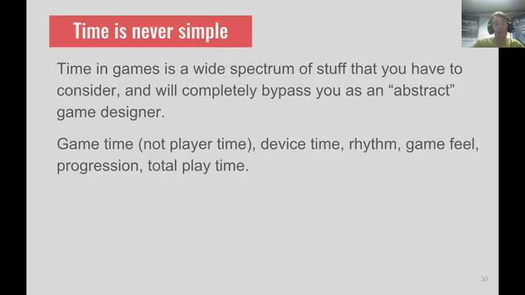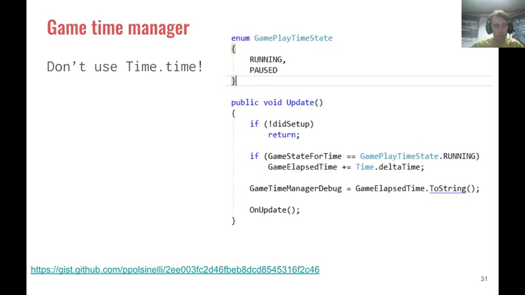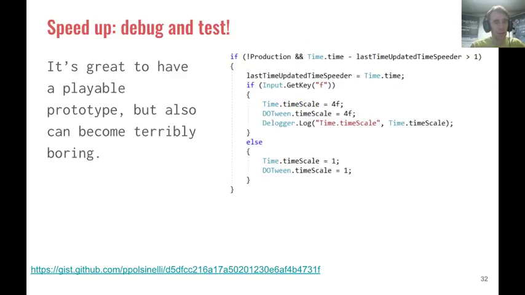Because of course, in games you have the pause button, which will not stop the player's perceived time and the Unity editor time, but you will have to somehow stop your game time. If you know this from the beginning, it's very simple, but if you don't, and you develop tons of code depending on that, it may be a big problem. Also, having control over time allows you to do little tricks like speeding up the whole game, like I did before.